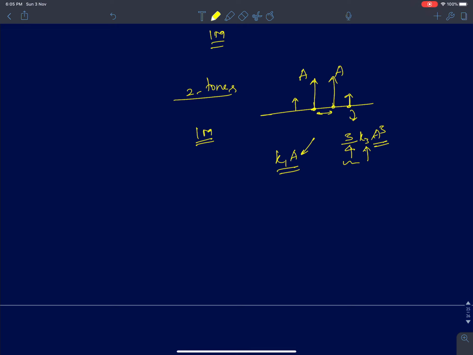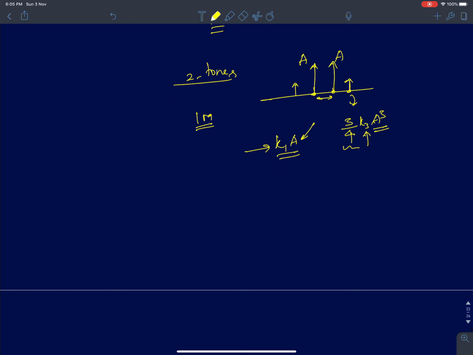As I keep increasing A, the amplitude of the carrier or interference I am applying at the input, the intermodulation terms will increase cubically. They increase much faster than the main signal itself. So we need a metric to tell how bad the system is, in terms of nonlinearity, and what the strength of the intermodulation terms will be.